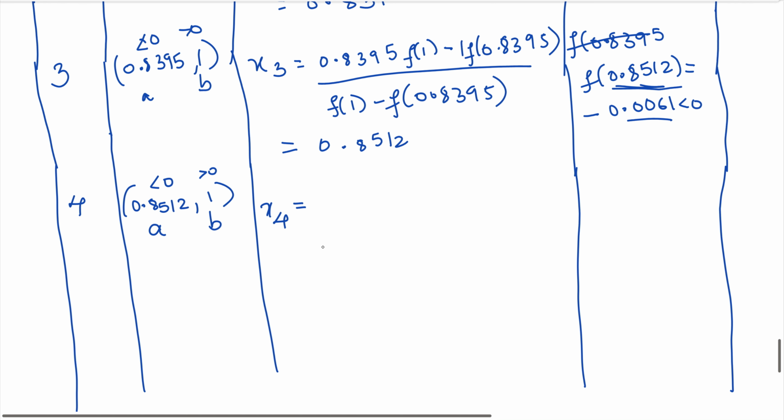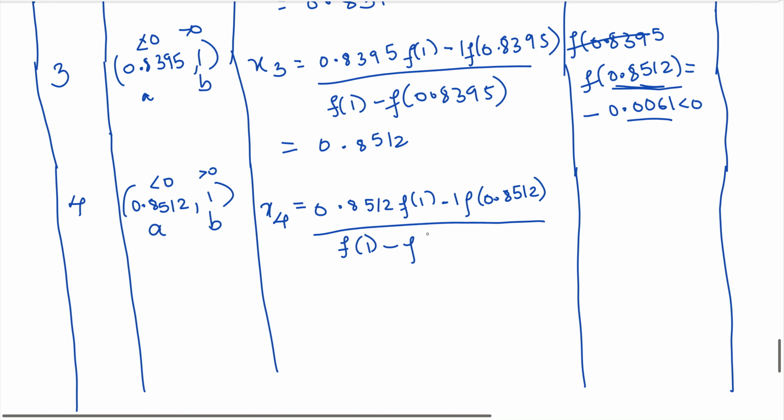x4 is equal to 0.8512 into f of 1 minus 1 into f of 0.8512 divided by f of 1 minus f of 0.8512. Now the value is 0.8525.